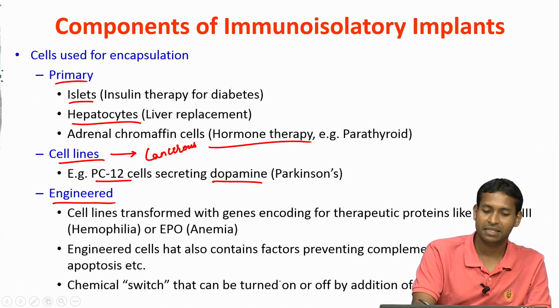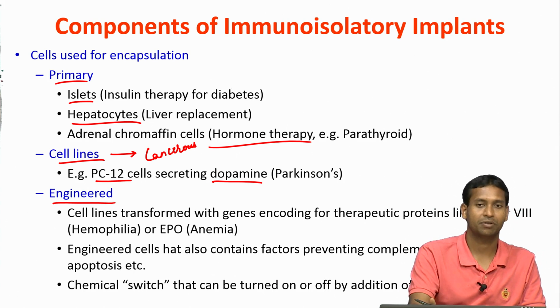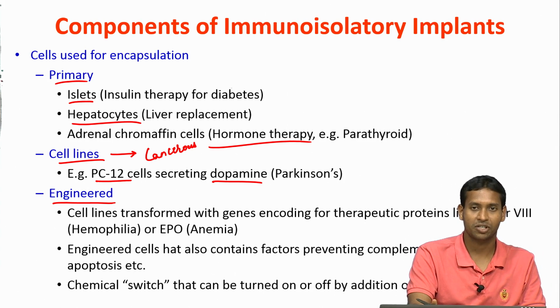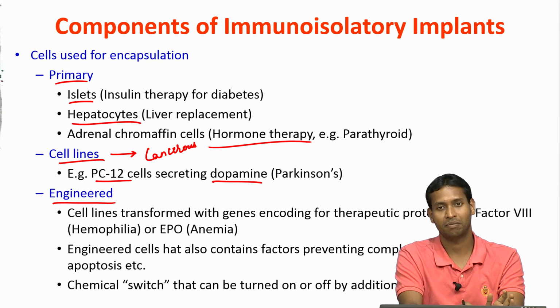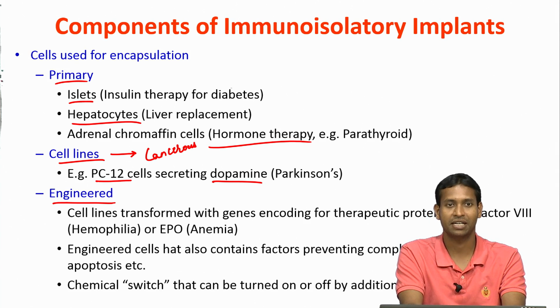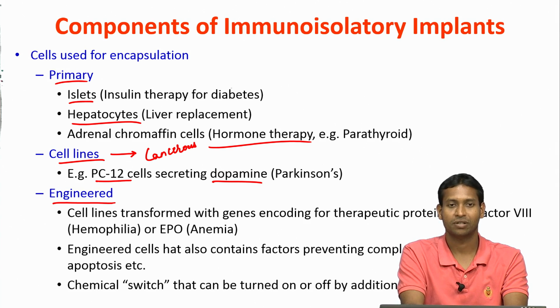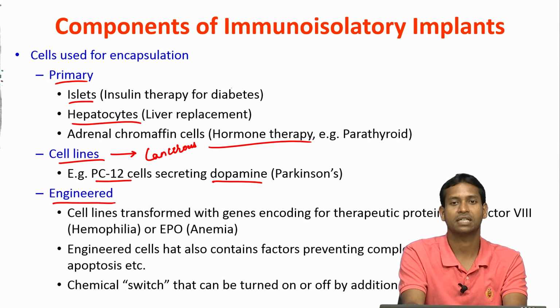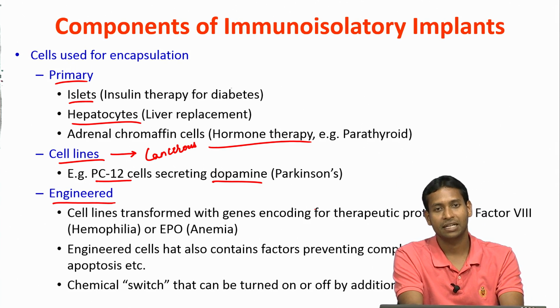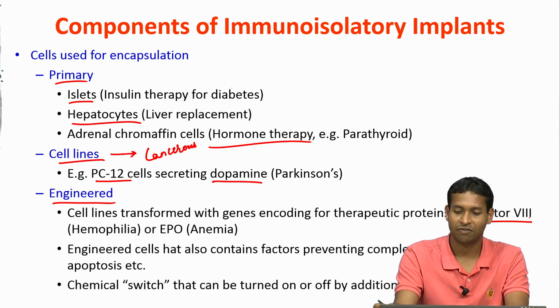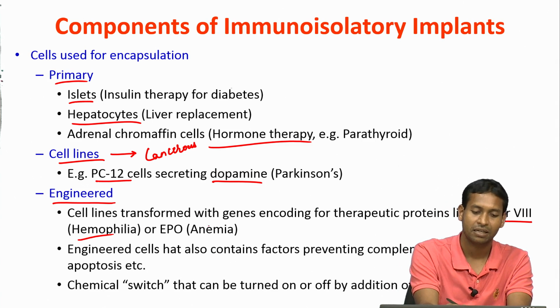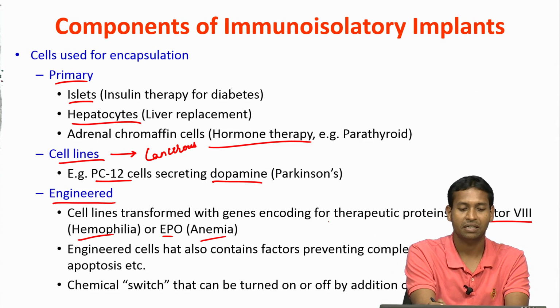So, that means that maybe there is a cell that you think can be used for this application, but it does not produce the protein that you want. It might be suitable for other properties that may allow enhanced survival in harsh conditions for those cells. So, in those cases what you can do is take those cells and genetically engineer them to produce whatever protein that you want, let us say factor 8 in case of hemophilia or EPO in case of anemia.